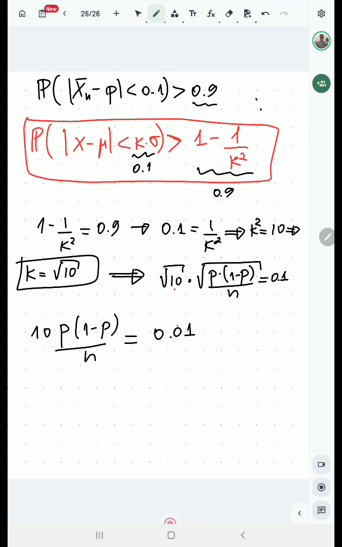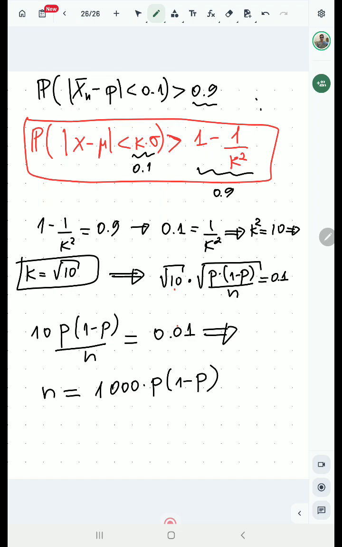Then it turns out that you just find n from this formula. n is equal to 10 over 0.01, that gives you 1000 times p times 1 minus p.